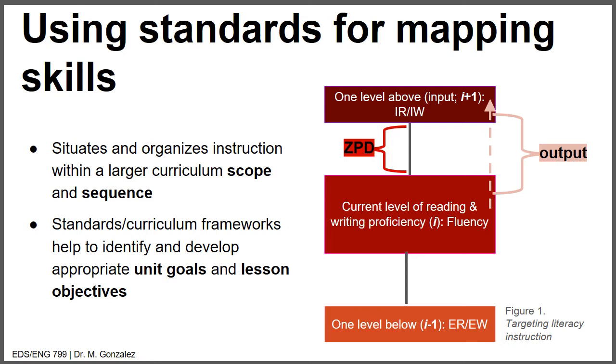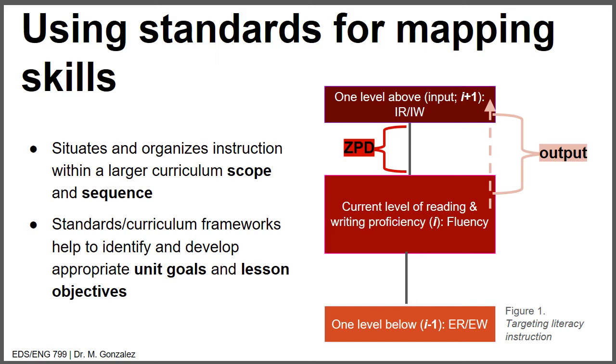A language program's curriculum standards or frameworks is a good place to start when thinking about a curriculum scope and sequence. Standards provide us with the broad and important reading, writing, and vocabulary outcomes that have already been vetted by experts and practitioners in order to ensure program quality.